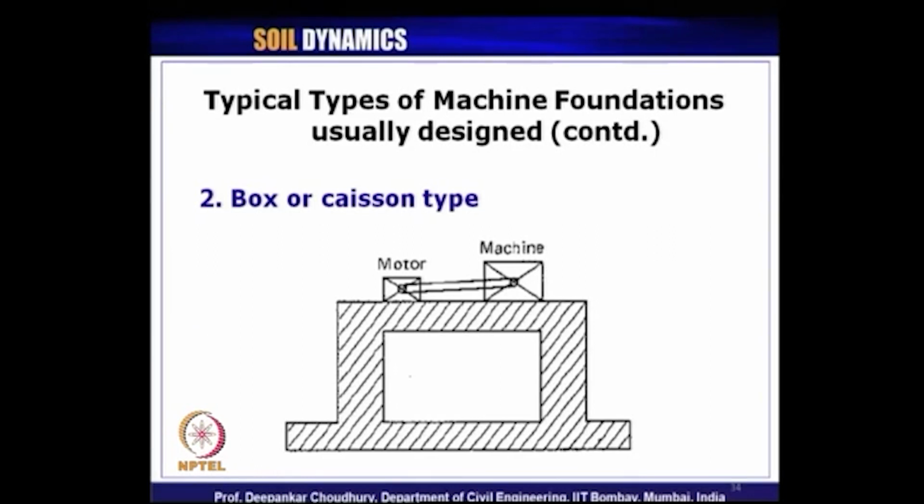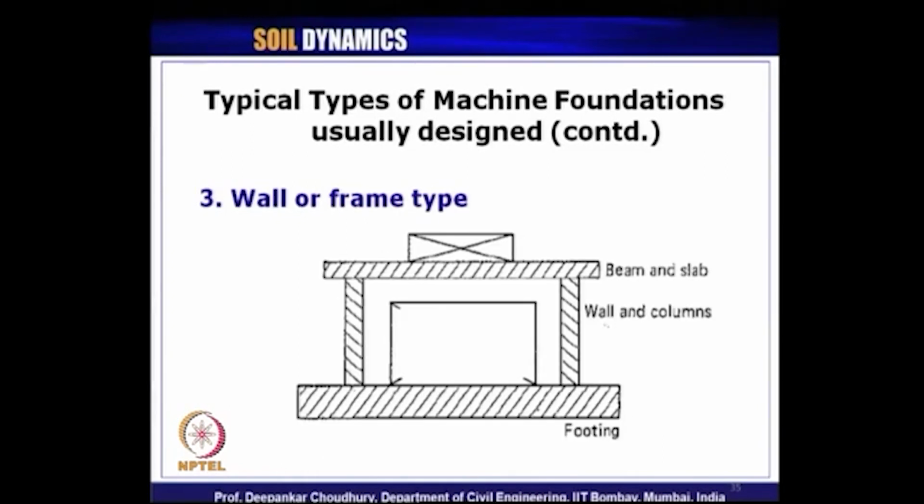In that case, it may lead to an uneconomic design. Then we can check if we can provide a box or caisson type of foundation, where this will be a hollow portion and these are concrete areas, and on top of it these machines will be positioned.